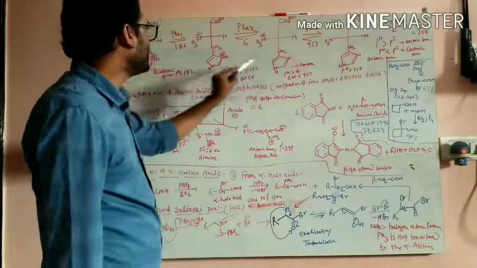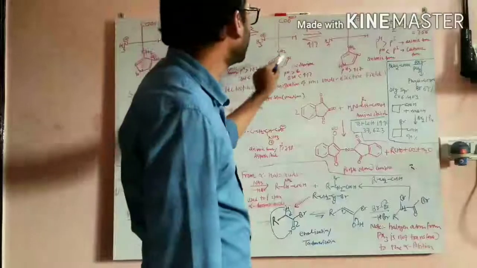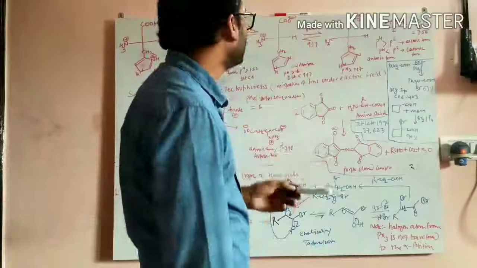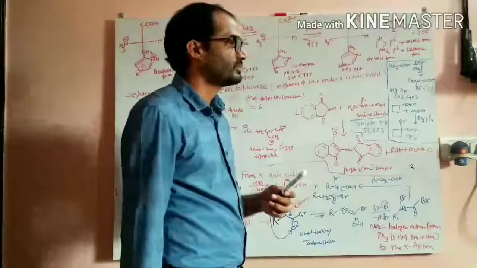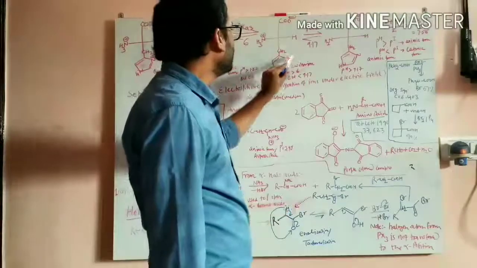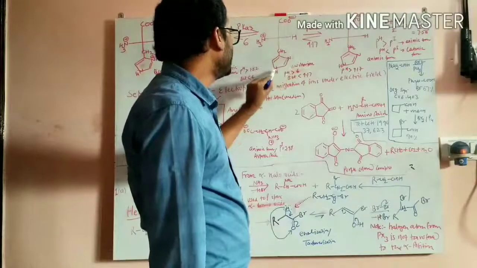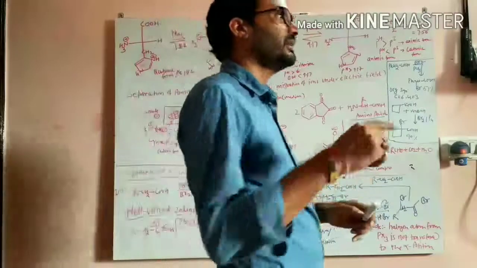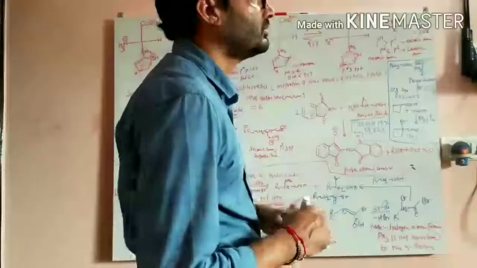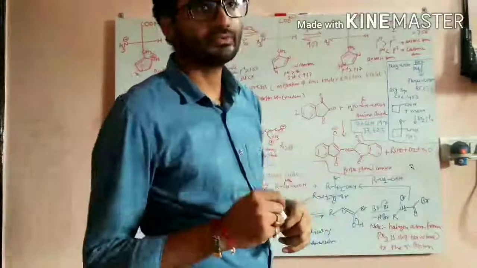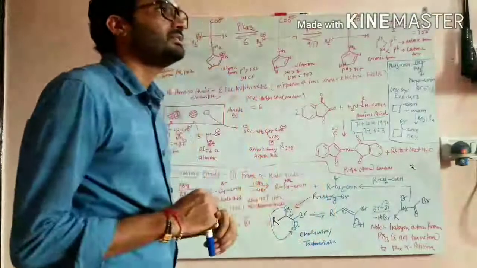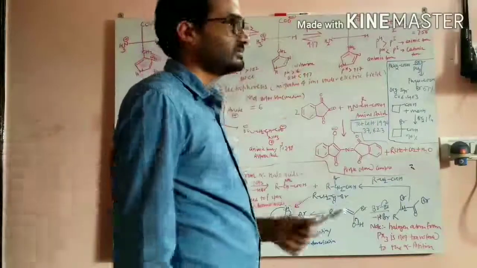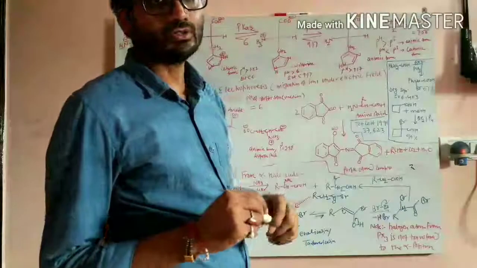Now you can see here this 5-membered ring containing 2 nitrogens. Which nitrogen will get protonated? This one is a pyridine type nitrogen and this is the pyrrole type nitrogen. From the aromatic behavior of pyrrole and pyridine, it can be easily explained that the lone pair of electrons on the pyridine nitrogen is readily available for protonation.